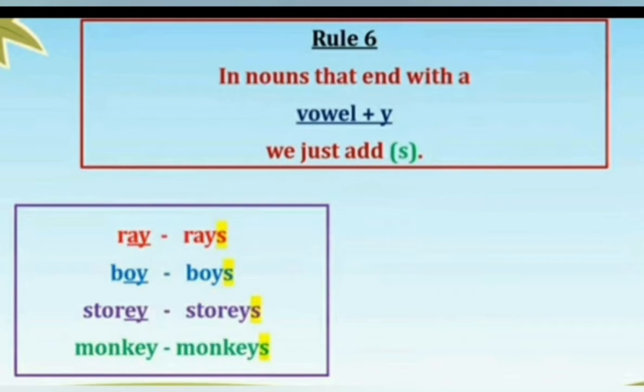Here we have some examples. Ray ends with Y and has a vowel before Y. So we have to add S here. The plural of ray is rays. Boy, boys. Monkey, monkeys. In all these words, we have a vowel before Y, so we add only S here.